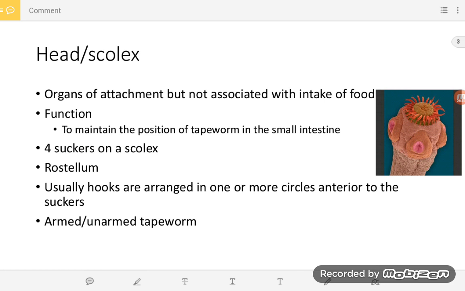A tapeworm sometimes appears as an armed or unarmed tapeworm. If the tapeworm contains a rostellum, we call it an armed tapeworm, armed head or armed scolex. If the tapeworm does not contain the rostellum, we call it an unarmed tapeworm.